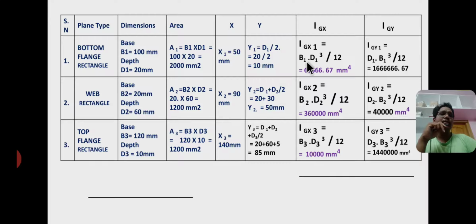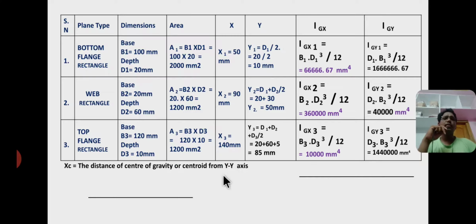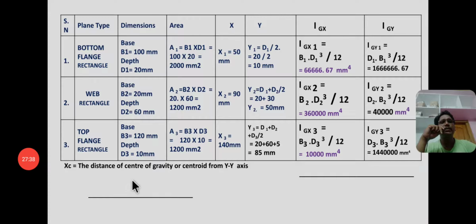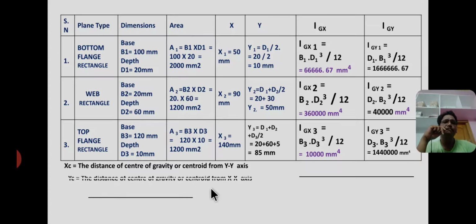That is suffix 1 for bottom rectangle, suffix 2 for middle rectangle, suffix 3 for top rectangle. From general expressions, xc is the distance of centroid from y-axis, and yc is the distance of centroid or center of gravity from x-axis.